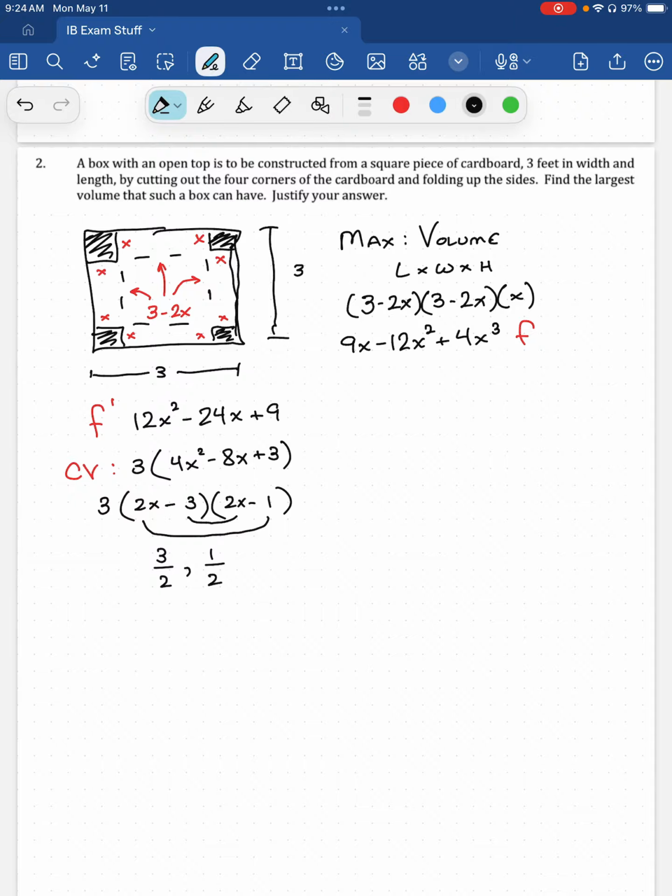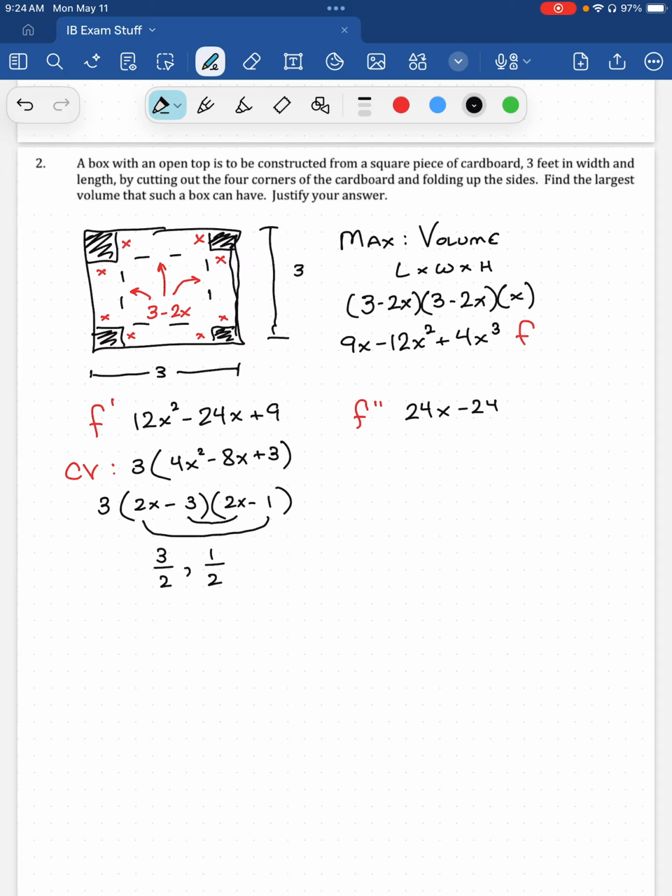So when I have 2 critical values, the problem is I don't know which one is a min and which one is a max. So the way we do that is off of the second derivative test. Our second derivative is going to be off of the original first derivative, 24x minus 24.